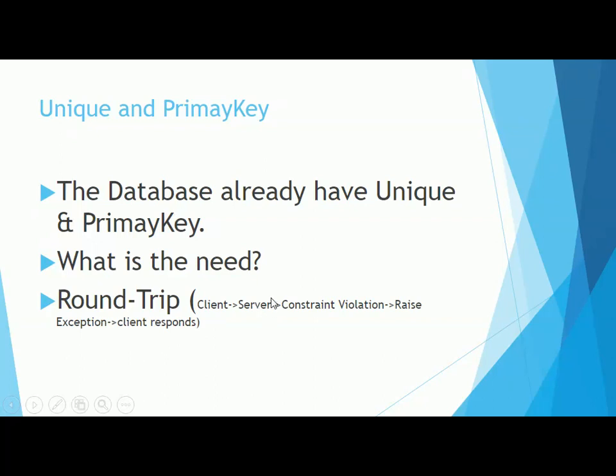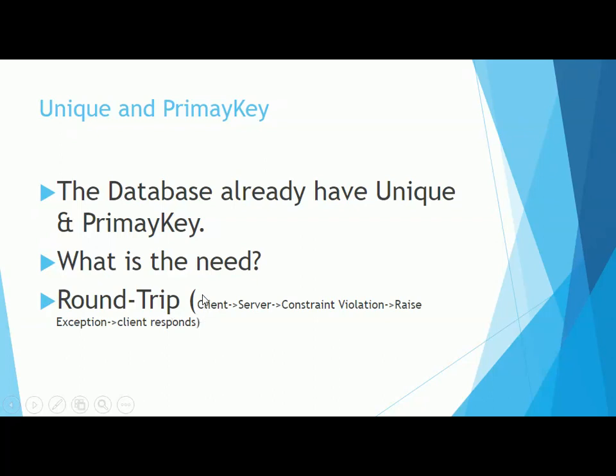Then in the server, say if we are using Oracle or SQL Server, the server identifies that there is a constraint violation. Then it raises an exception there. Then that exception is posted back to the client application. Then the client responds to that exception in the try catch block.